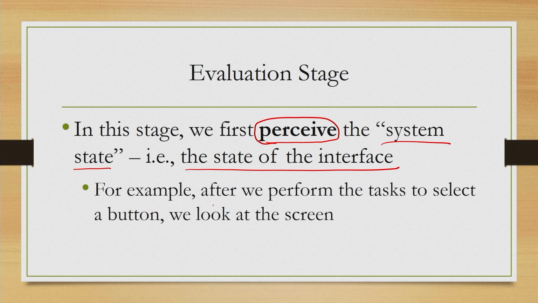To continue with our earlier example, after we perform the tasks to select a button, we look at the screen to perceive any changes on the screen. So, the activity of looking at the screen is perception.